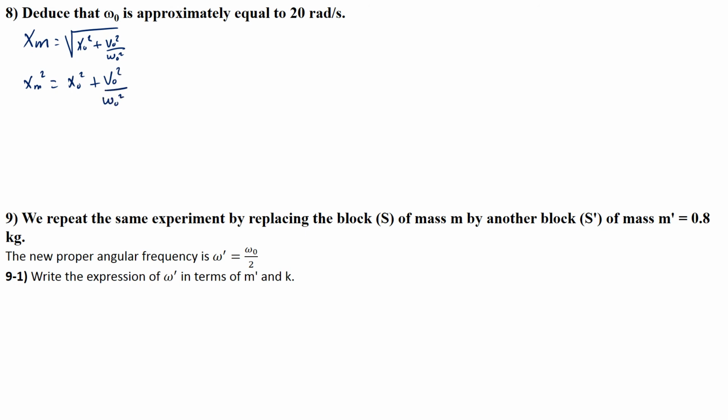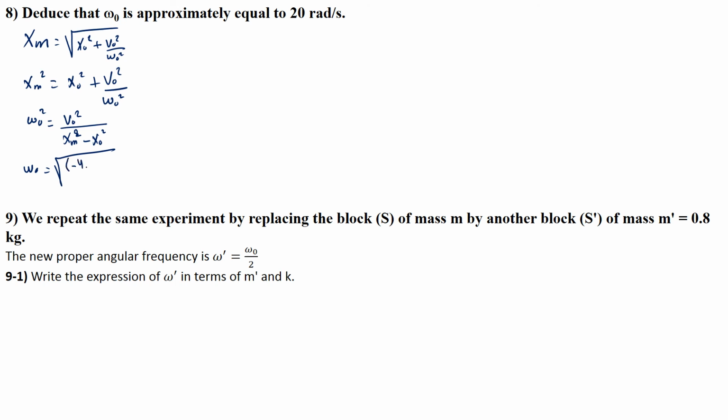Rearrange the formula to find omega 0. You will get omega 0 squared is equal to v0 squared over xm squared minus x0 squared. So omega 0 will be equal to radical of this. I will replace the values directly.